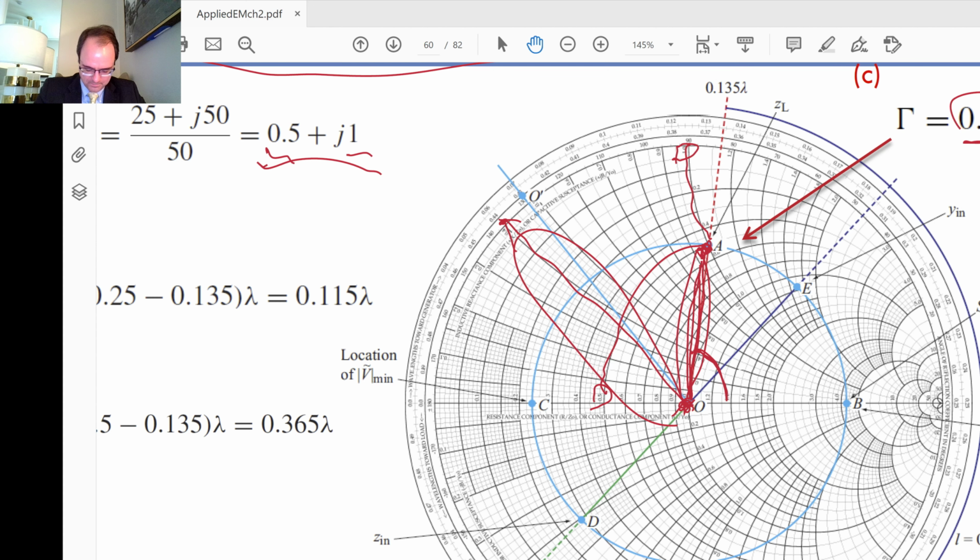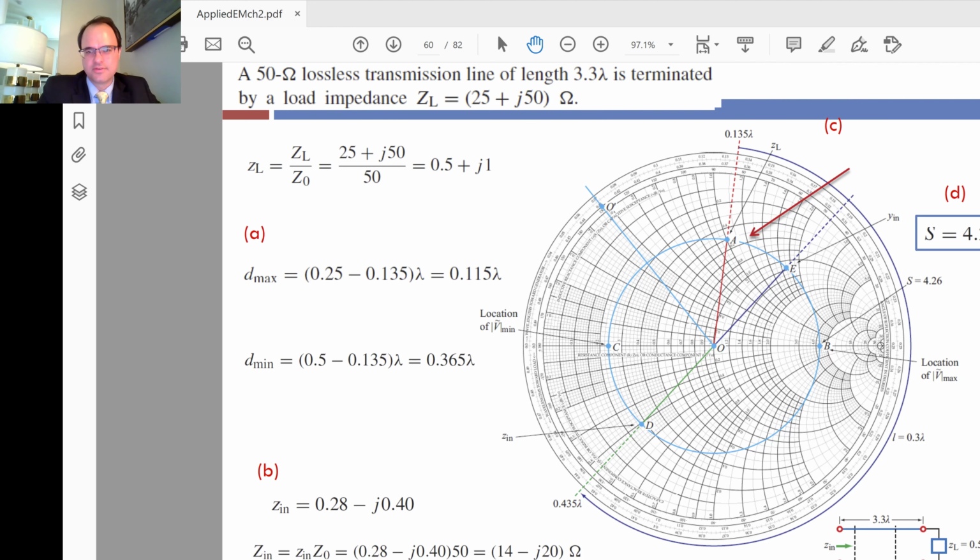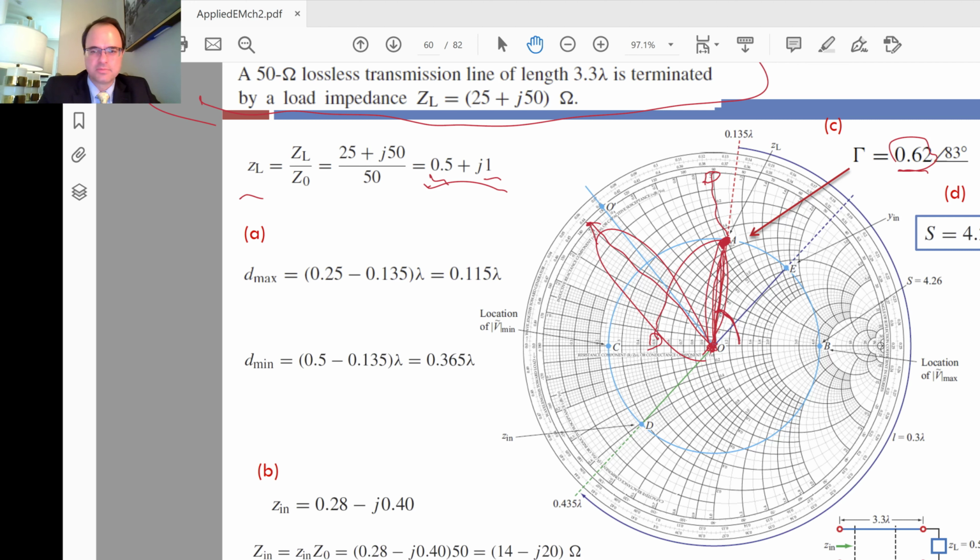Part B says to calculate the voltage standing wave ratio. What you do is create a circle centered about the origin that has O to A as the radius. This blue circle is that circle.